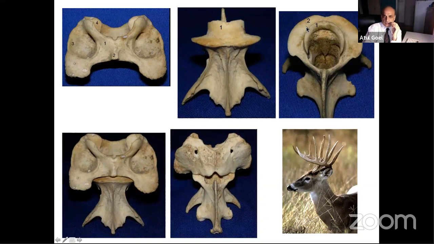And the atlantoaxial joint is quite large in a deer. The eyes are also placed laterally in a deer, allowing a lot of lateral movement. The movement of the head of the deer is almost 170 degrees at this joint.